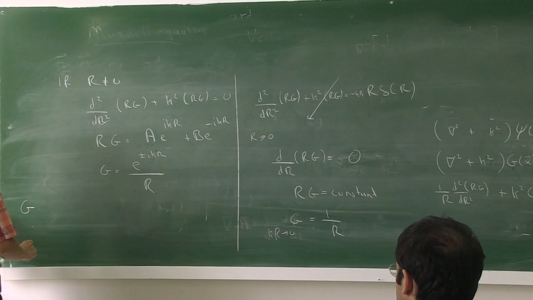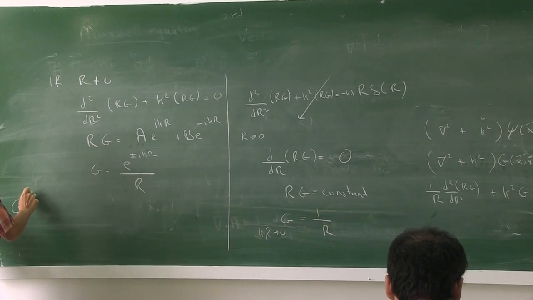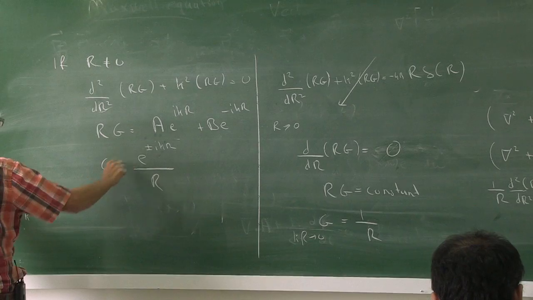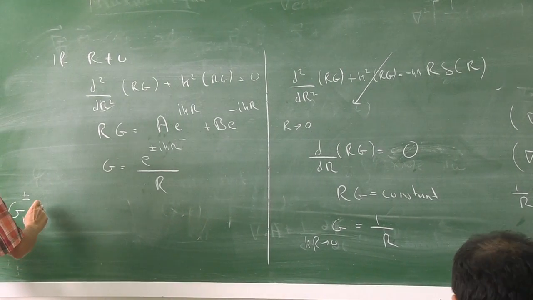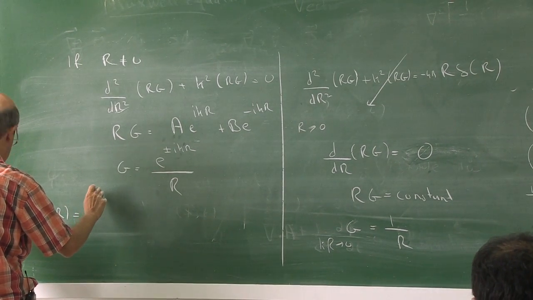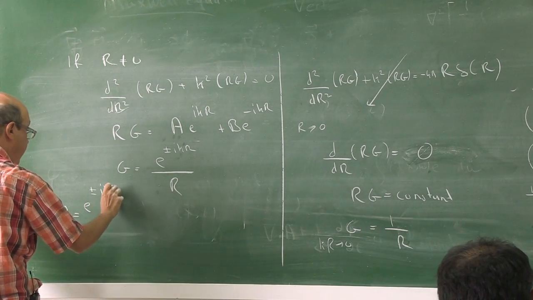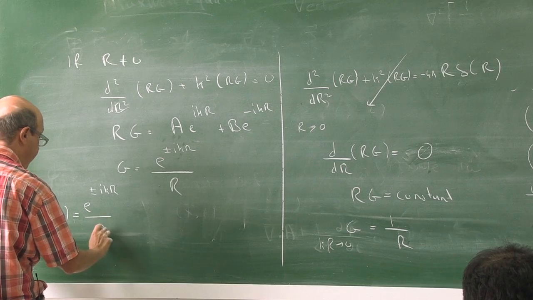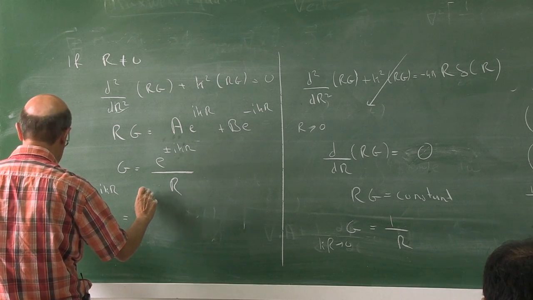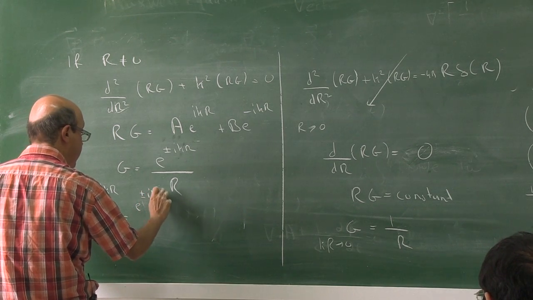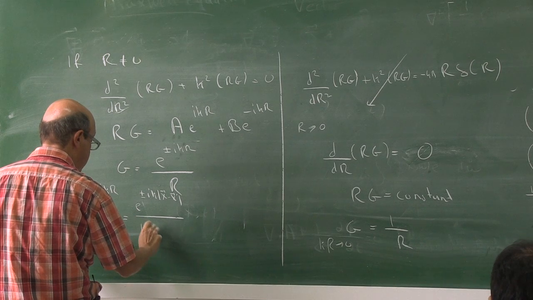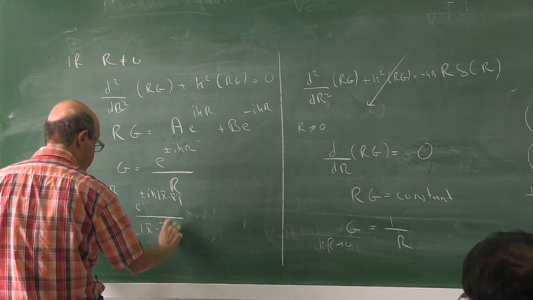G, we have the plus or minus case, both depend on k, wave number, and r. And that is e to the plus minus ikr over r, which is equal to e to the plus minus ik|x minus x prime| over |x minus x prime|.